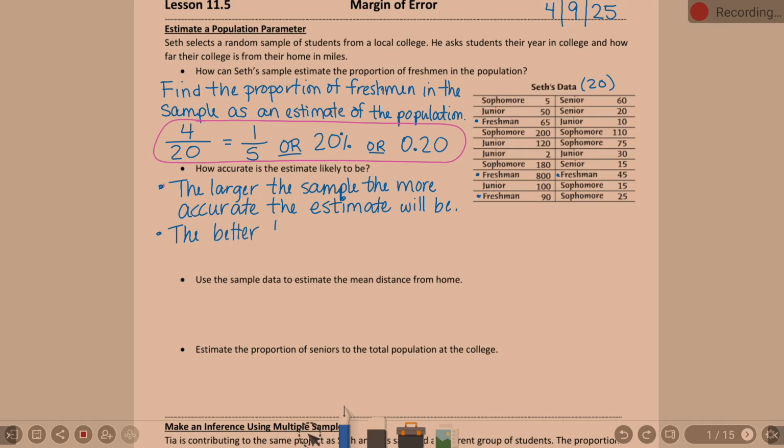The better the sample represents the population, the more accurate the estimate will be.